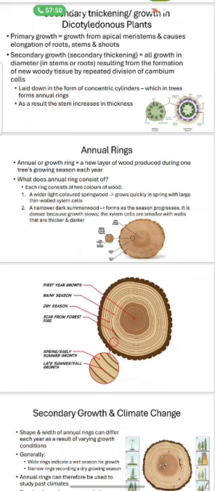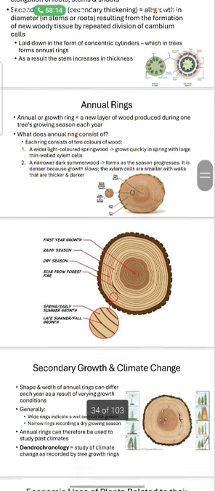It grows quickly in spring with large, thin-walled xylem cells. Remember, xylem are dead cells. A narrow, dark summer wood forms as the season progresses. It is denser because it grows slowly. The xylem cells are smaller with walls that are thicker and darker.